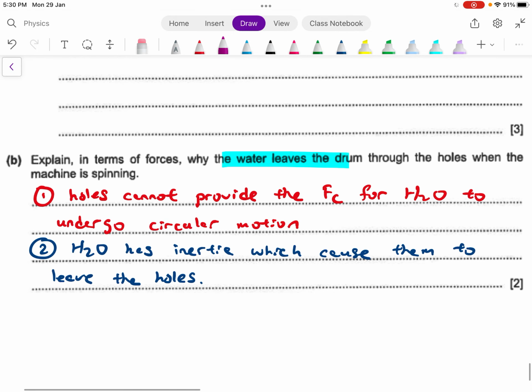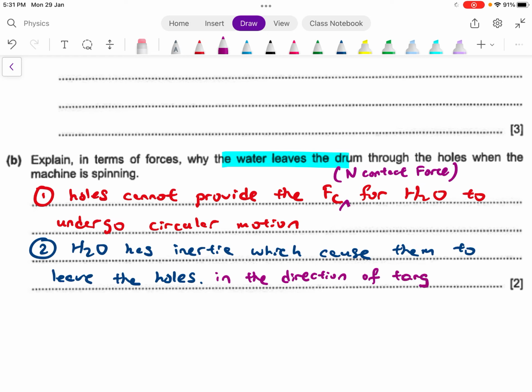First, the holes cannot provide the centripetal force for the water to undergo circular motion. The centripetal force is provided by the normal contact force. Of course, the water has inertia, which causes it to leave the holes in the direction of the tangential speed. That's it. So that is for part B.